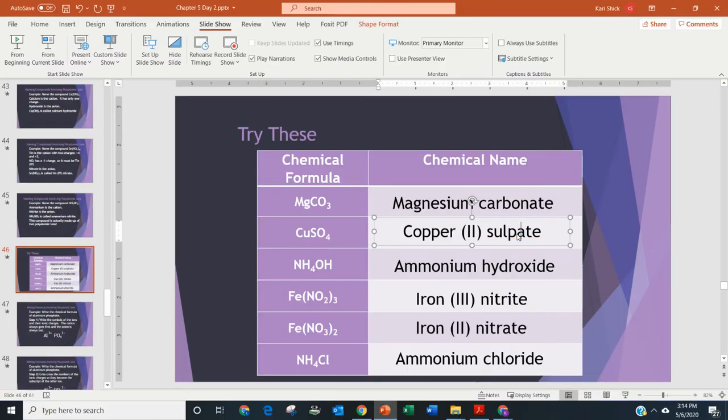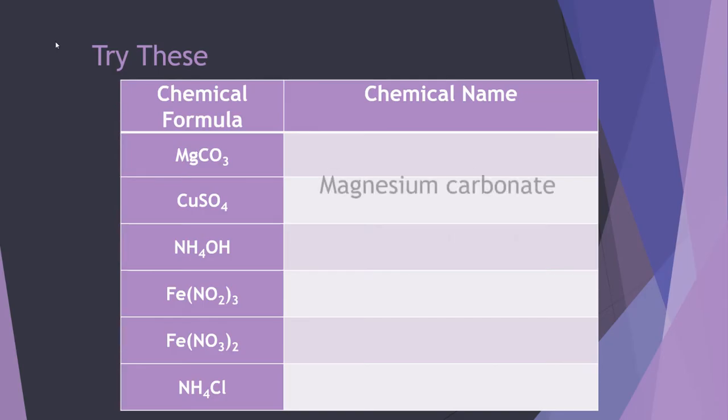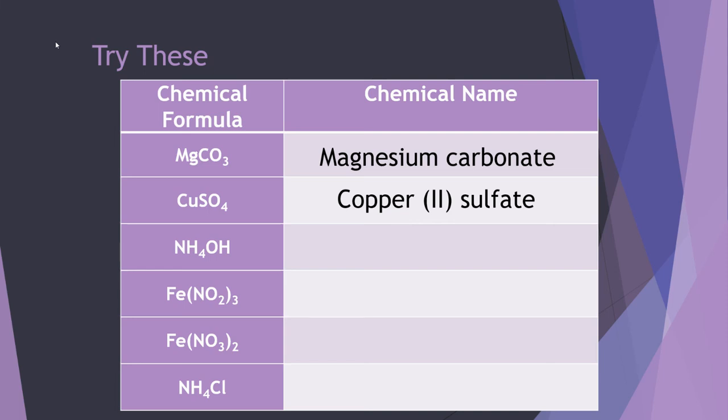This should be an F because this is not the British version of the spelling. Okay, so copper 2 sulfate. Then this next one has 2 polyatomic ions, NH4, which is ammonium, and OH, which is hydroxide. So this is ammonium hydroxide.